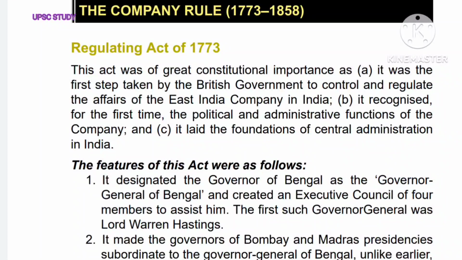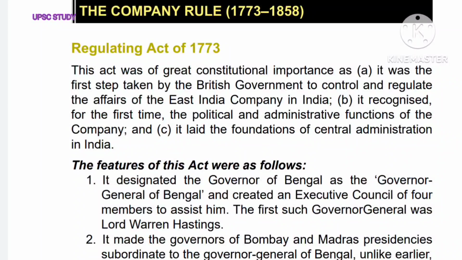The Company Rule, 1773 to 1858. Regulating Act of 1773. This act was of great constitutional importance. A. It was the first step taken by the British government to control and regulate the affairs of the East India Company in India.